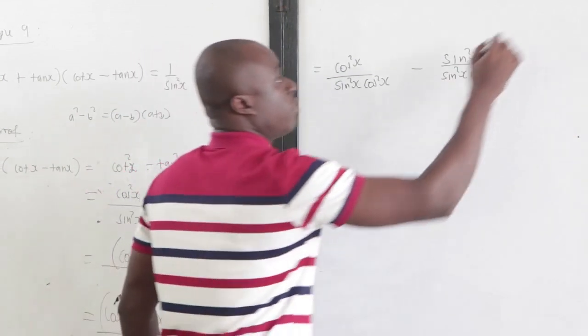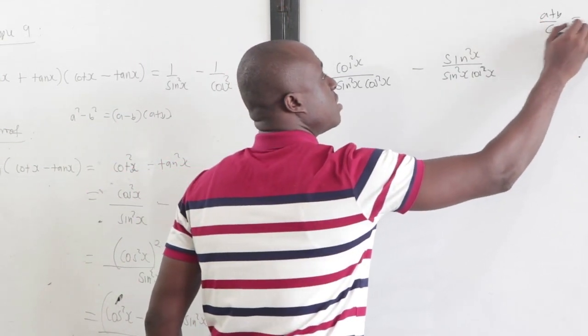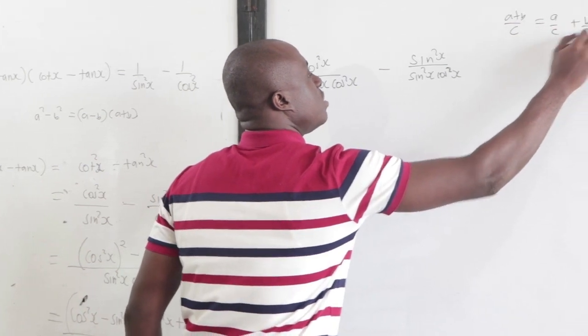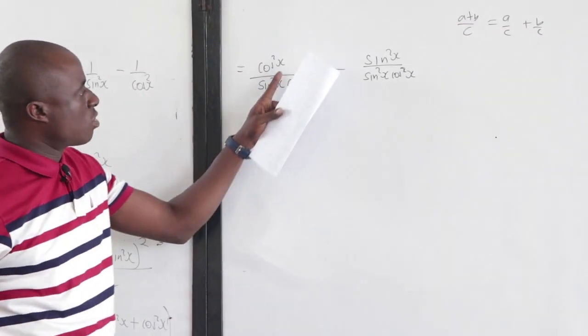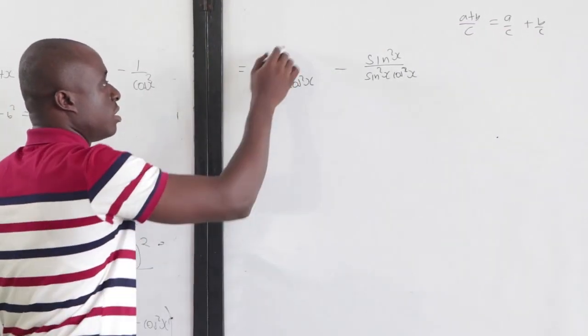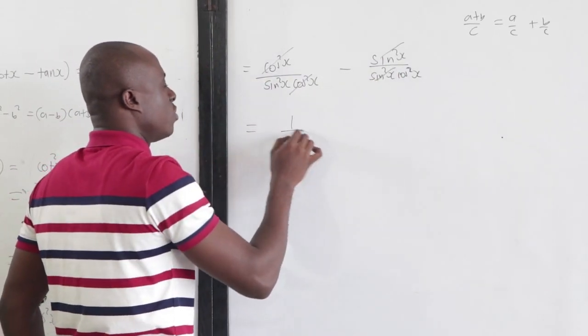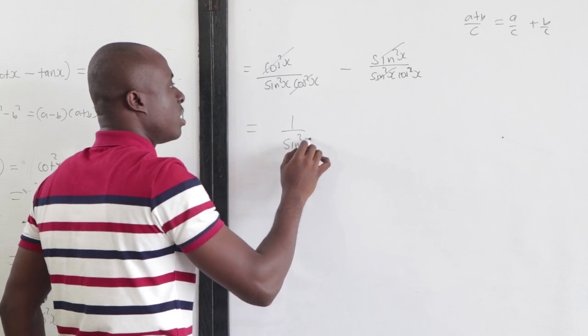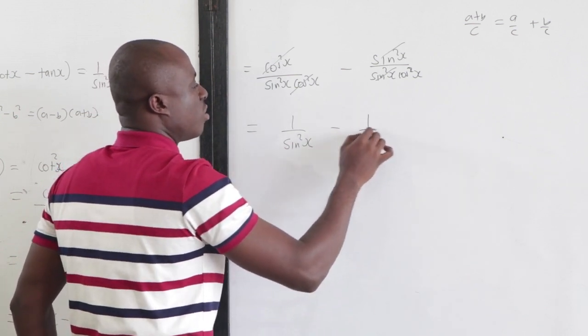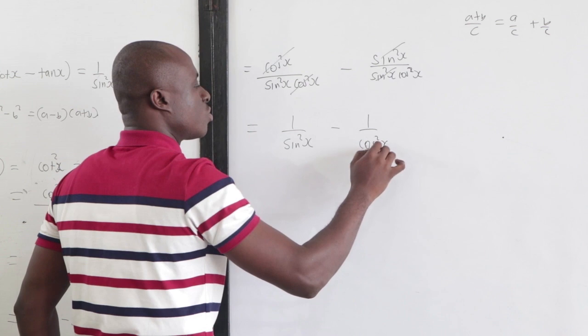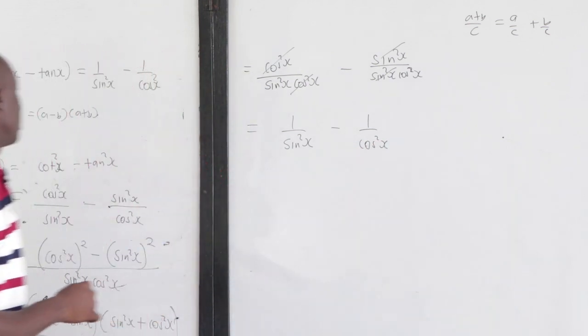How did I do this? If you have a plus b all over c, this is a over c plus b over c. Cos square x and cos square x are the same, so this will cancel out, and this will also cancel out. So you have 1 over sine square x minus 1 over cos square x, as required. So that's how we did it.